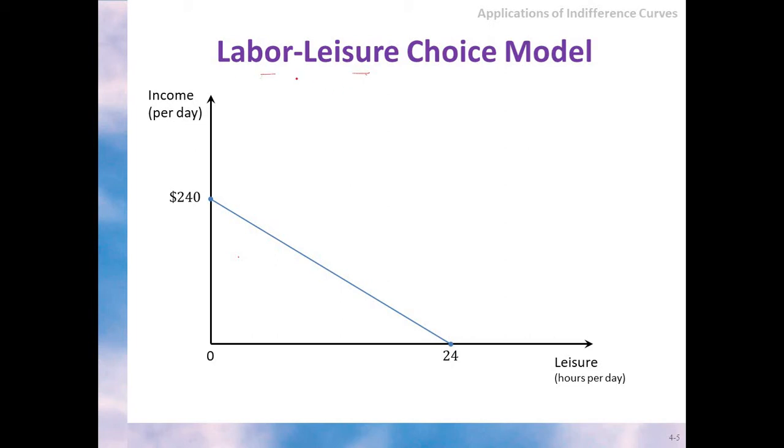The y-axis here is income per day, and the x-axis is leisure, in hours per day as well. Income is in dollar form. So what does it mean here?